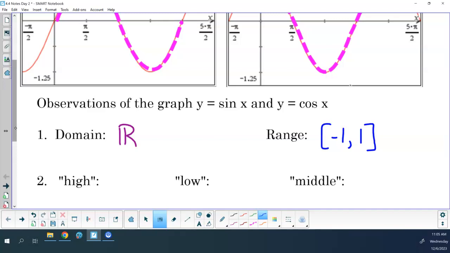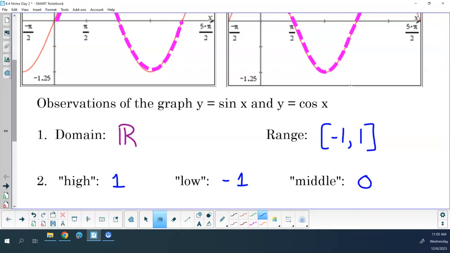Okay? So what would the high point be? 1, low point, -1, middle, 0.